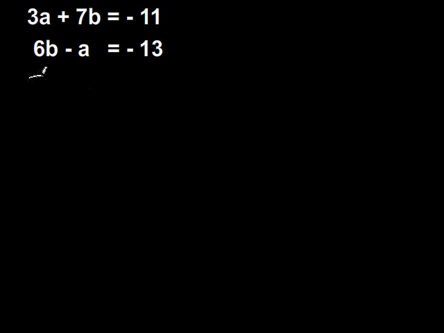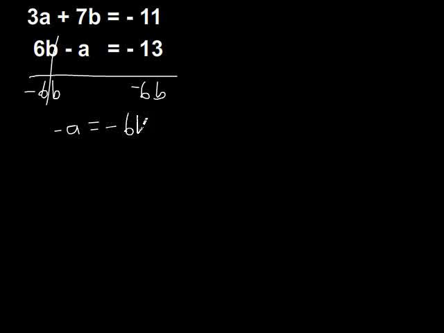So if we choose to isolate a in the second equation, we have to get rid of everything on the left side of the equation except a. To do it, we simply subtract 6b from both sides of the equation. So we have negative a is equal to negative 6b minus 13.